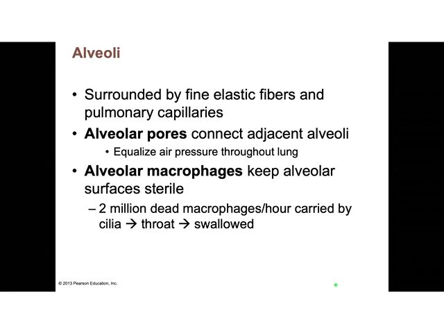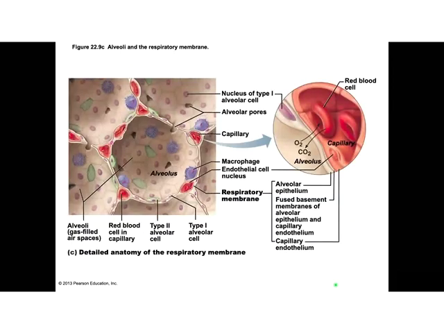Okay, about 2 million dead macrophages per hour get carried by the cilia to the throat, and then we swallow them. Okay, that's part of what goes into the mucociliary escalator, and you can see the different cell types here. Okay, so you got type 3, type 1, type 2. Okay, and the pores. Okay.